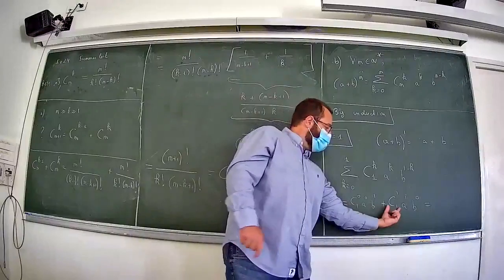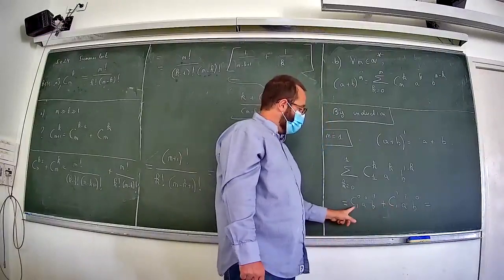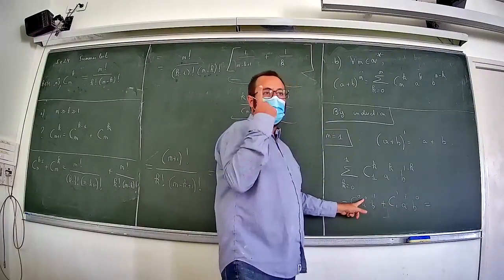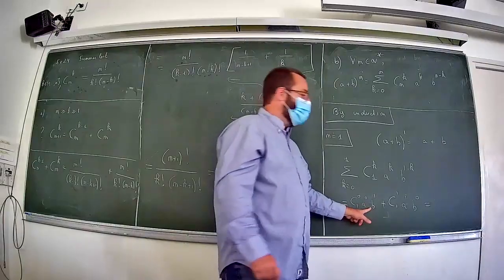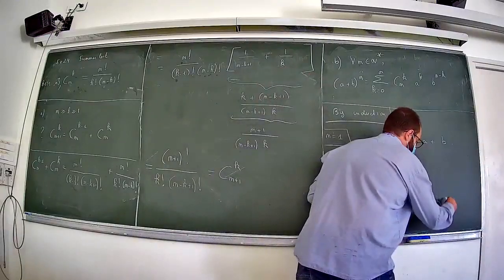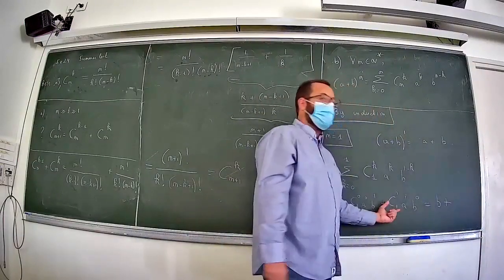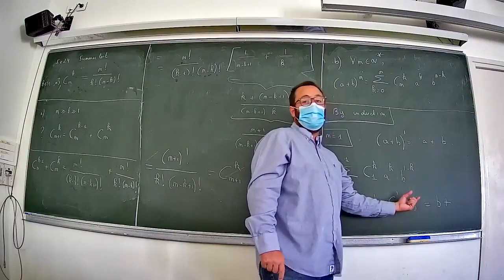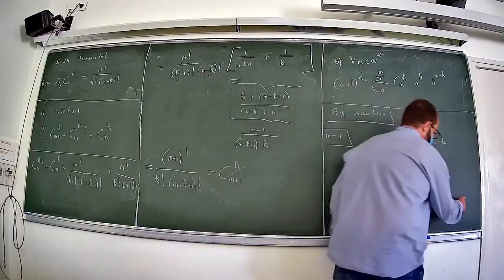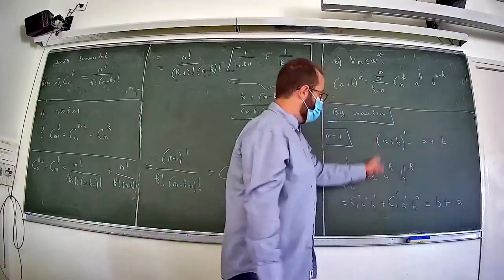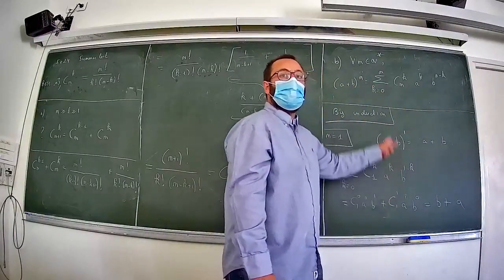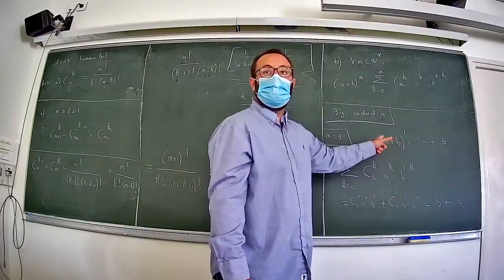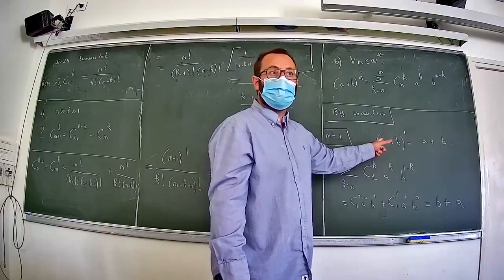So these two values are 1 and 1. So I have 1 times a to the power 0, that is equal to 1, times b to the power 1, so I have b, plus C(1, 1) = 1, a to the power 1, a, b to the power 0, 1: b plus a. And you see that you have the equality between these two expressions.